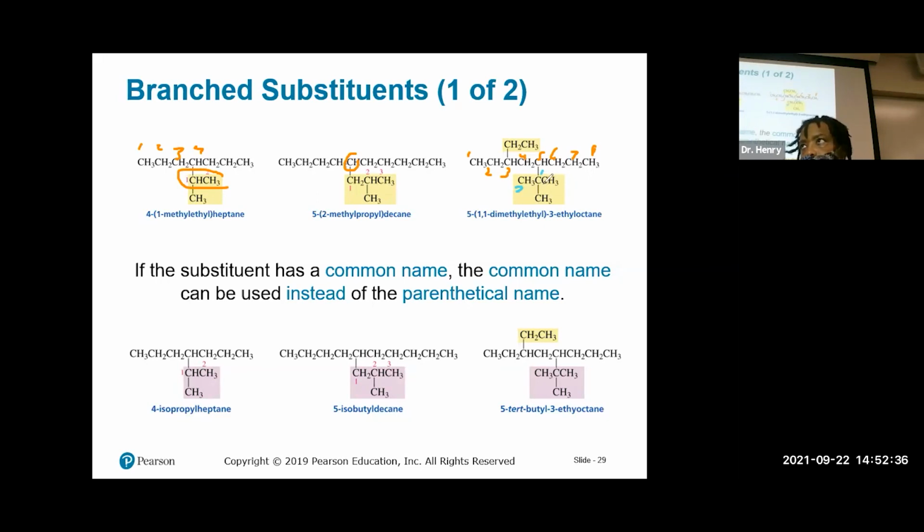It's going to be the same either way, okay? So if this is 1, 2, then we have a methyl coming off of our 1st carbon in both. So we have 1,1-dimethylethyl, and that one is on the 5th carbon, right? And this guy is on the 3rd carbon. Yes.